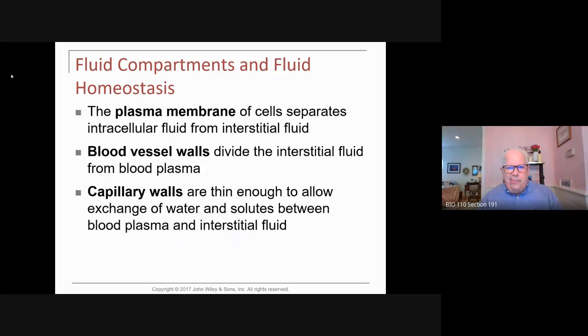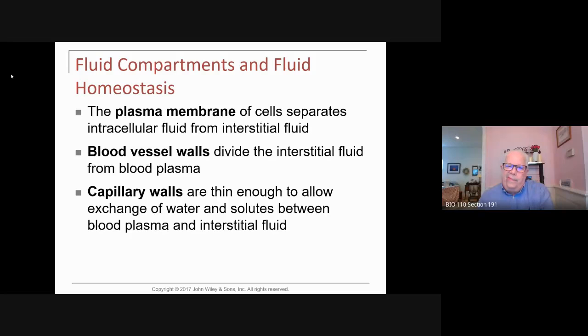Obviously, in between cells, there is a plasma membrane which separates the intracellular fluid from the extracellular fluid. And in this case, the extracellular fluid is the interstitial fluid, the fluid that is in between cells. The blood vessel walls divide the interstitial fluid from the blood plasma.